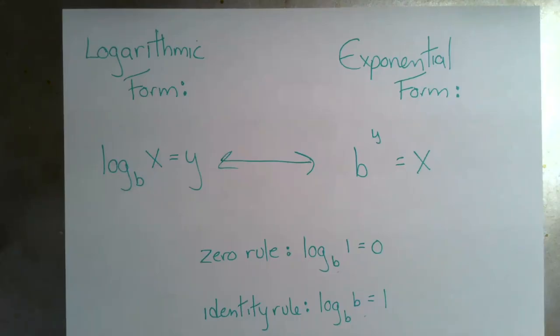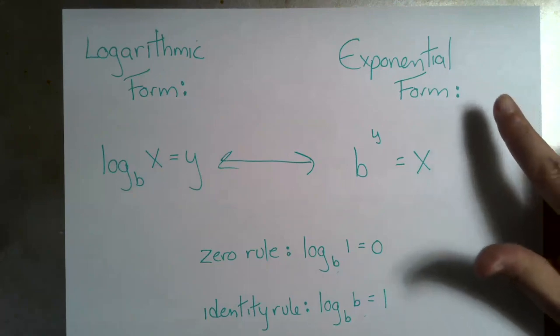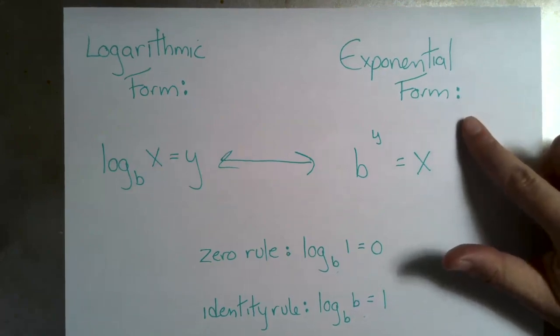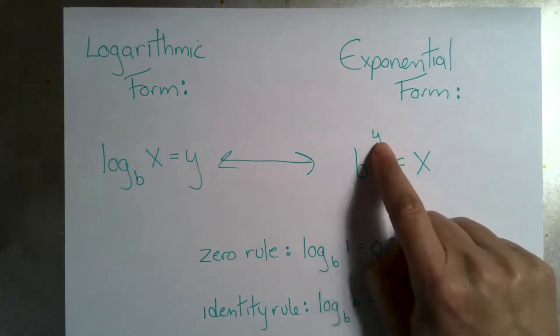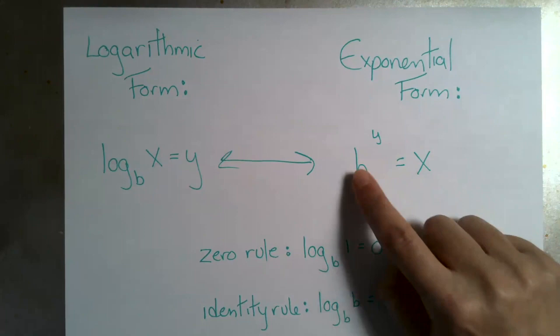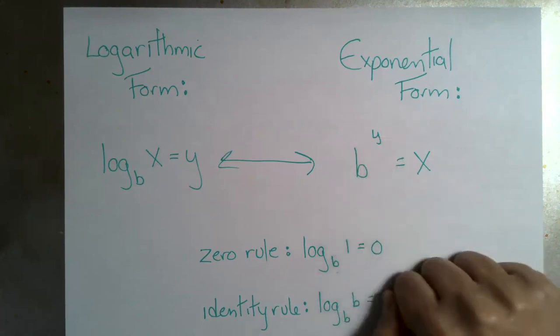All right, let's take a look at that. Over on the right-hand side of the paper, we have the exponential form. Base b raised to some unknown equals a number, b to the y equals x.